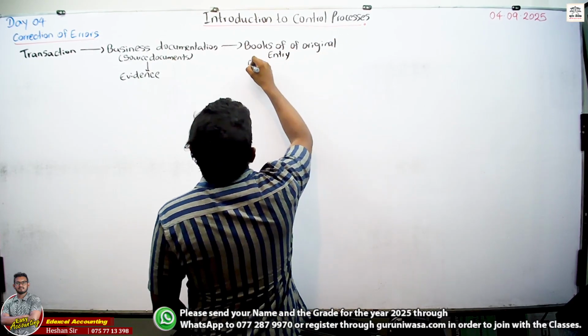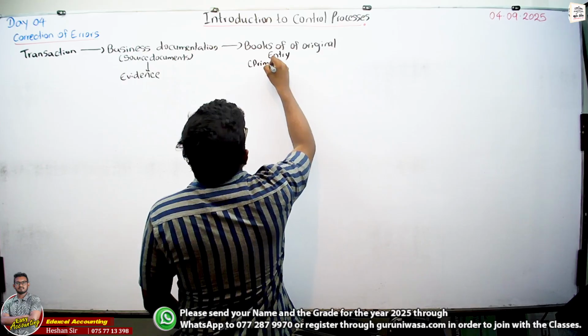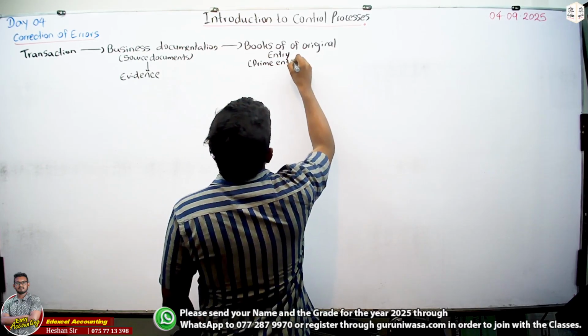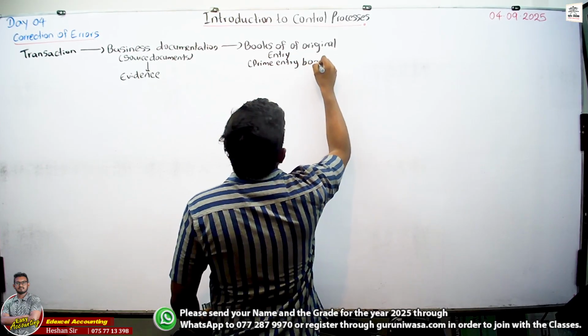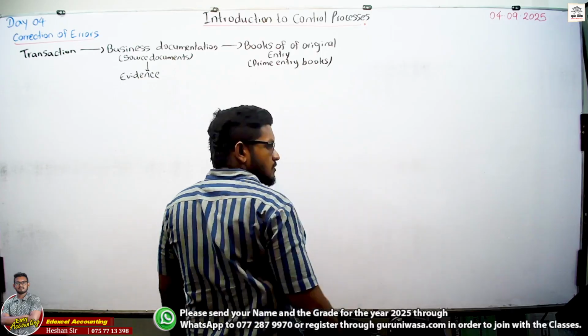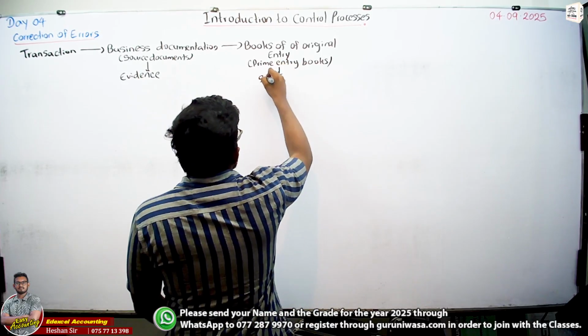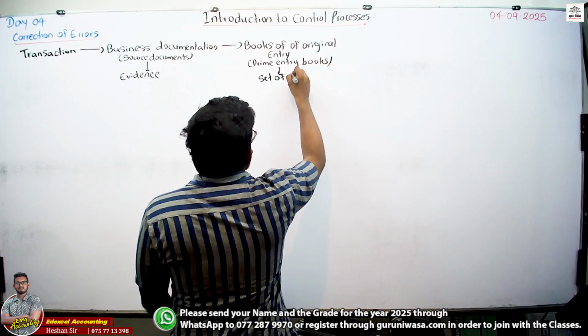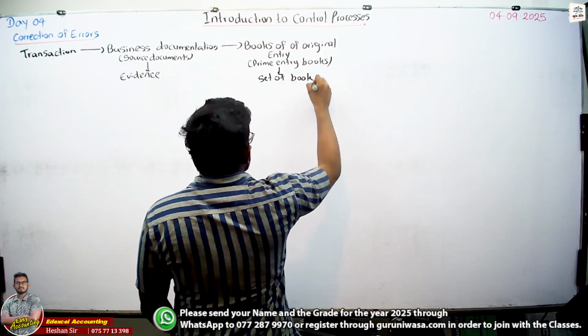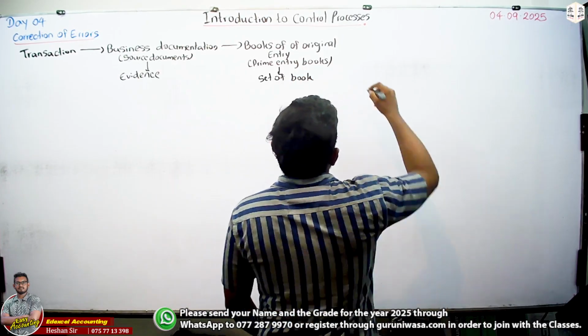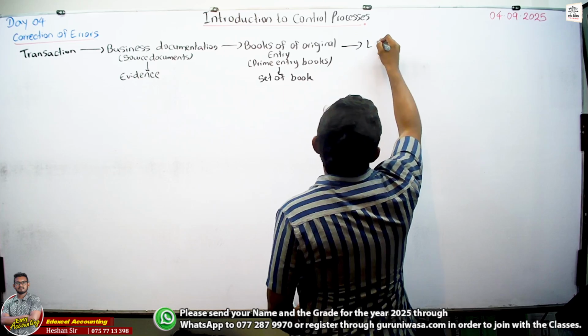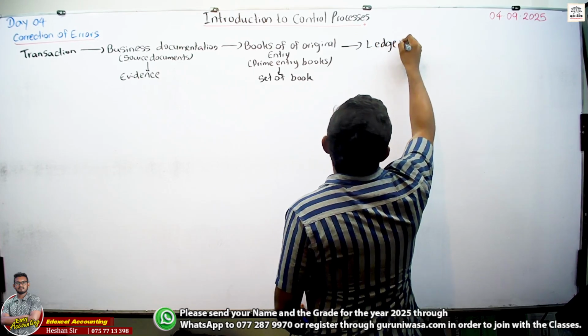In other words, prime entry books, right? So this is the set of books. Out of the books, we record the transaction in one book. Then after that, we record it in the ledger using the debit and credit principle.